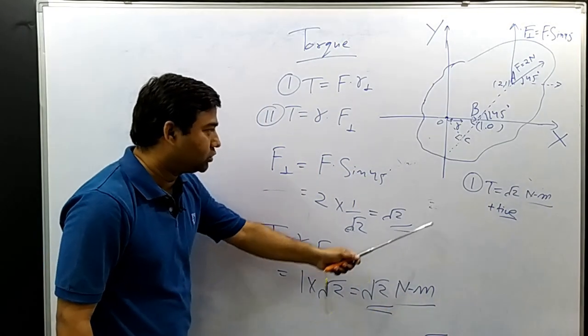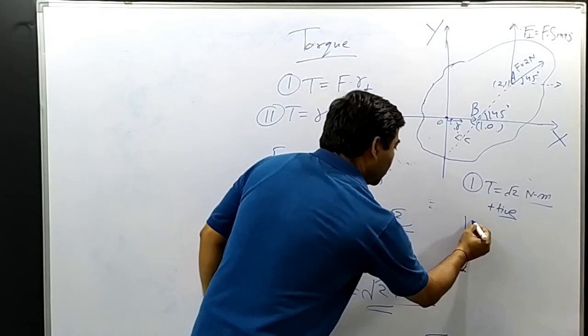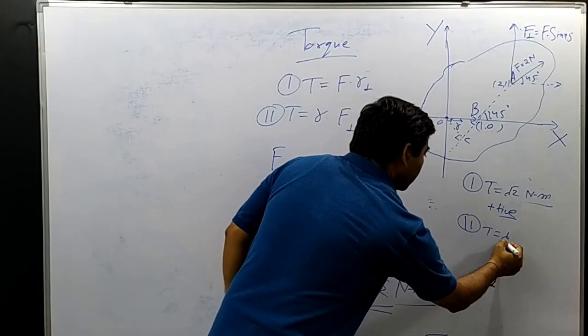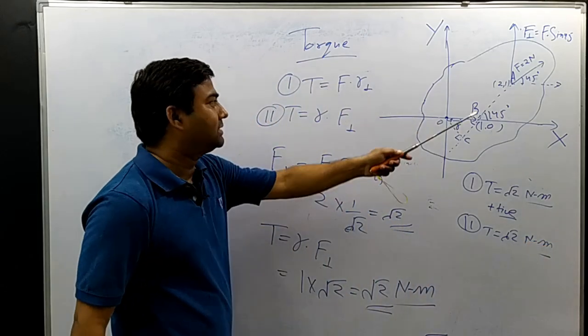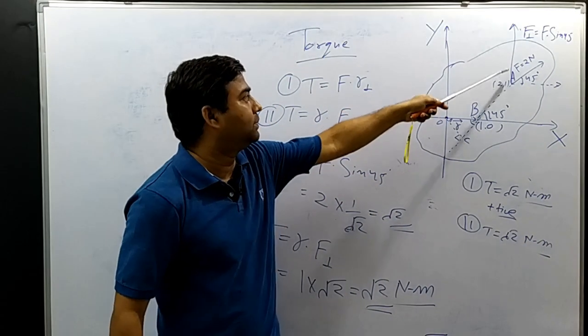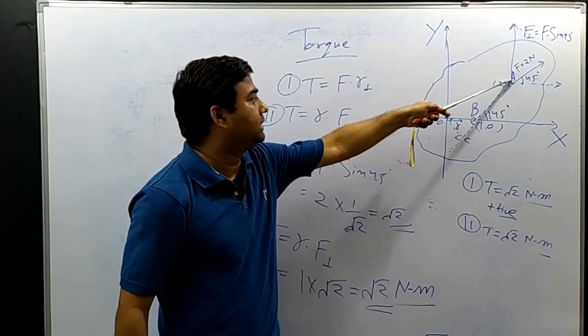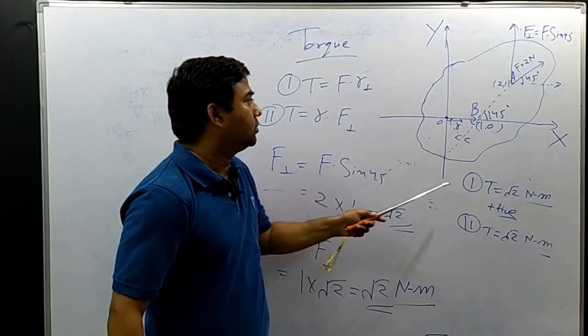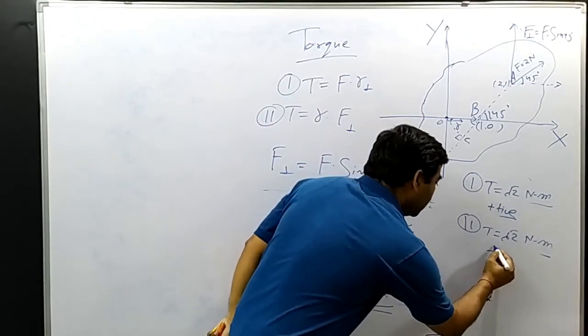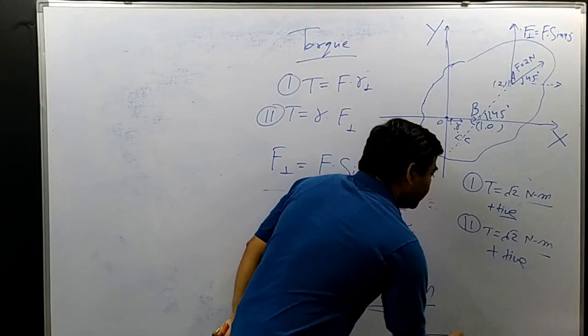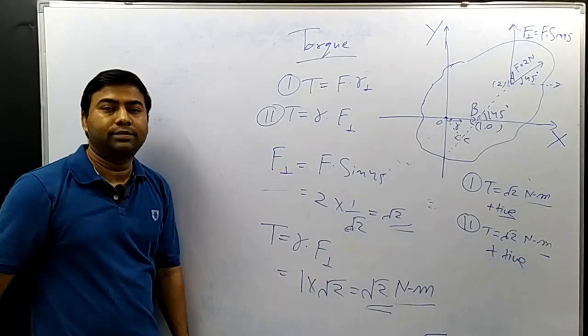So by this formula also we have found torque is equal to under root 2 Newton meter, and the direction will be the same. This is F perpendicular. F perpendicular will try to rotate the body in the anti-clockwise direction. So this is also positive, or anti-clockwise torque.